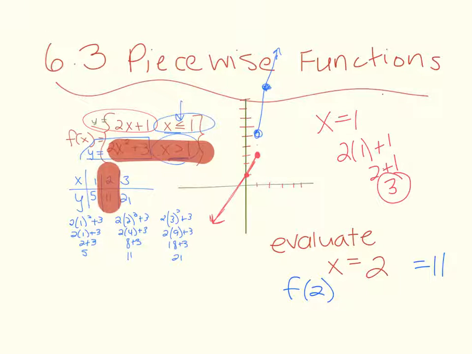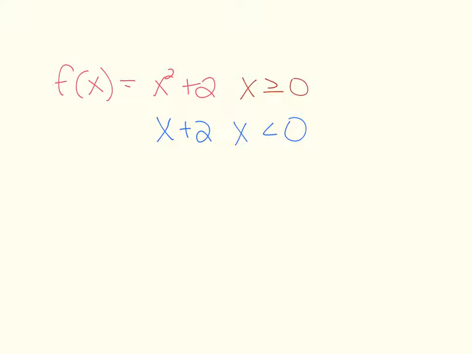So let me do an extra example. x squared plus 2 if x is greater than or equal to 0, and x plus 2 where x is less than 0.